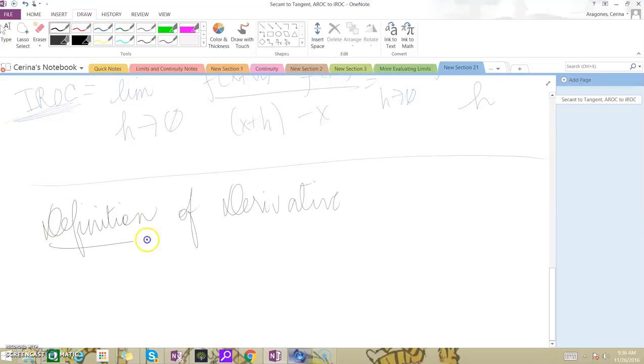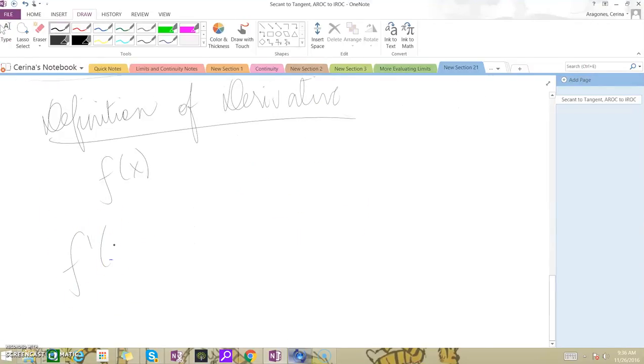Essentially, if we have some function f of x, the derivative f prime of x is equal to the limit as h approaches 0 of f of x plus h minus f of x all over h.